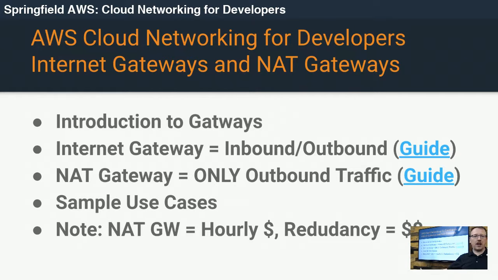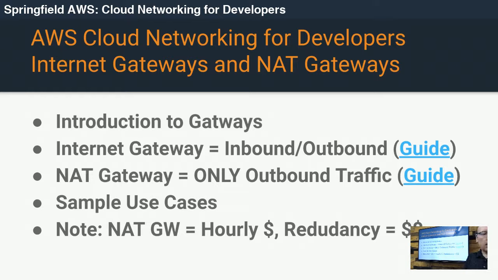They don't need to be internet facing, but they need to get out to the internet, maybe to send emails, maybe to pull in data, whatever that is. If that's mission critical, make sure that you either have a really robust do-it-yourself infrastructure, or that would be a really good use case of the managed NAT gateways, just because they do such a good job keeping those online and available. Any questions about gateways before we move on?